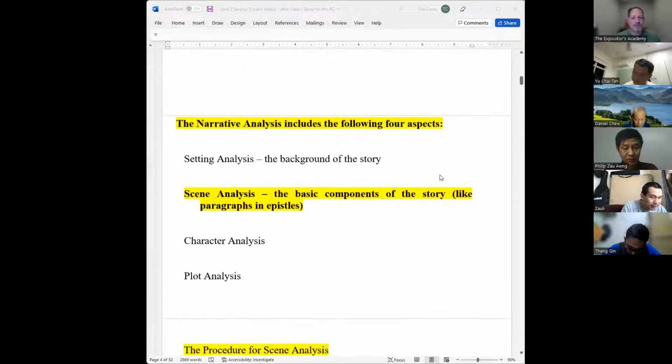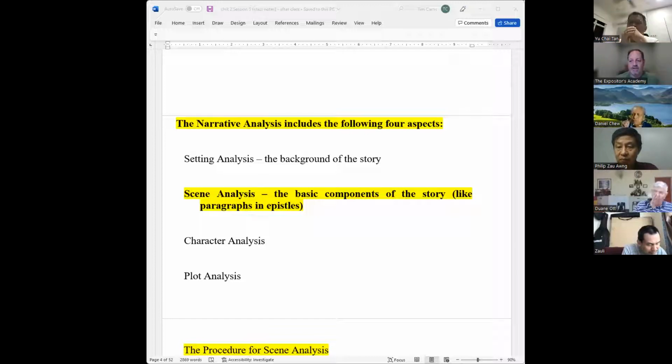If you'll remember, we look at the setting of the story first, look at the background, the when, the where, even the who, the culture. And then after that, look at the scenes. Remember, a scene is kind of like a paragraph in an epistle, where each scene presents a particular series of events that are part of the story, and the author presents that scene because there's something in that scene or a few things in that scene that he wants us to see that's building the plot of the story.